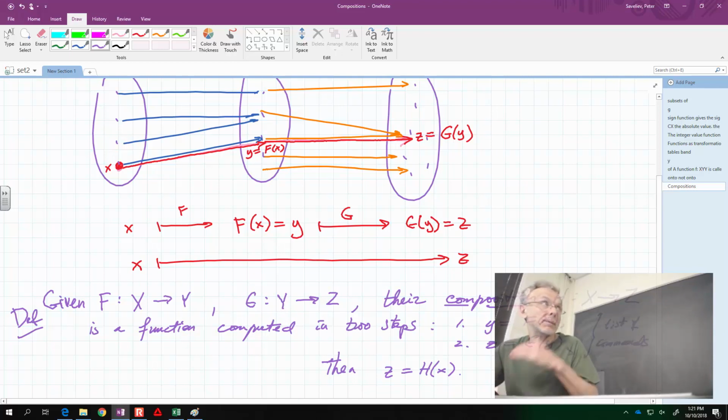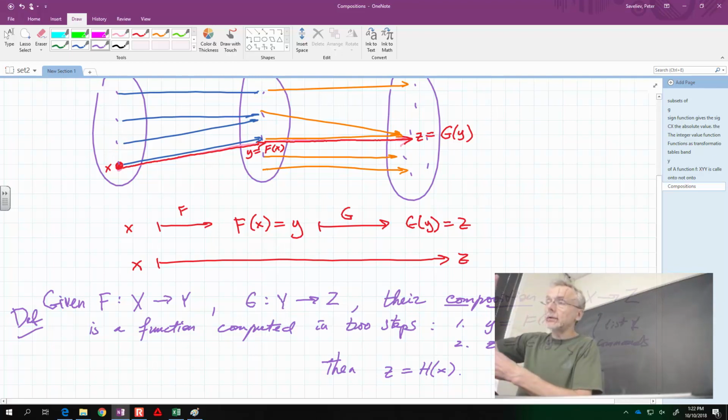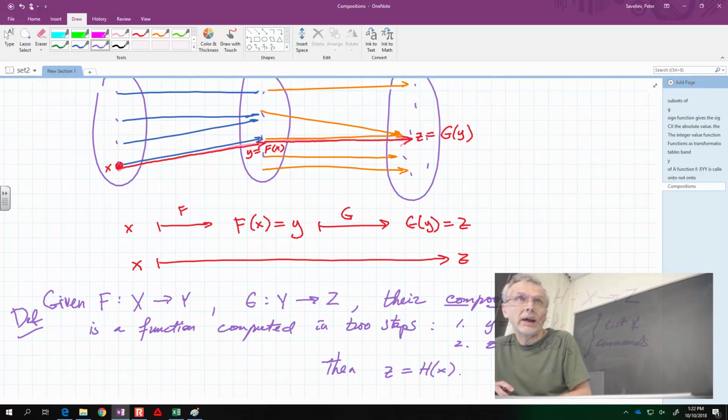It's possible that f itself is a list of commands, as well as g itself is a list of commands. And then to combine them together, you just literally put them one under the other, and you have a new list of commands. So once again, you can think about computing taxes: maybe the first half of the operation is how to compute your taxable income, and then the second half is how from the taxable income to derive your tax liability.